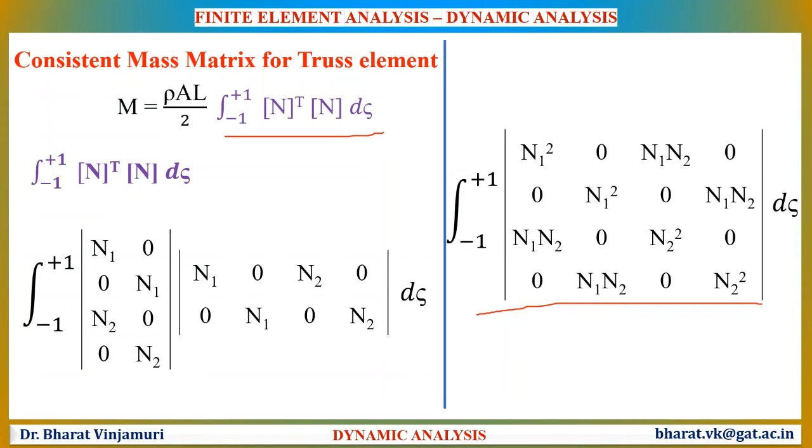This equation also basically has three terms. One is N1 square, the second one is N1 and N2, and the third one is N2 square. The other elements are repeated the same as the previous elements.